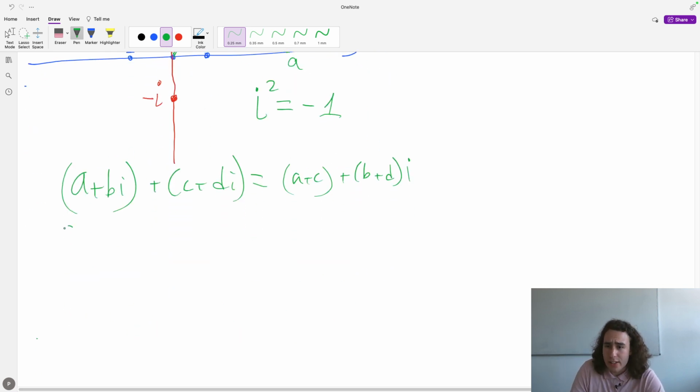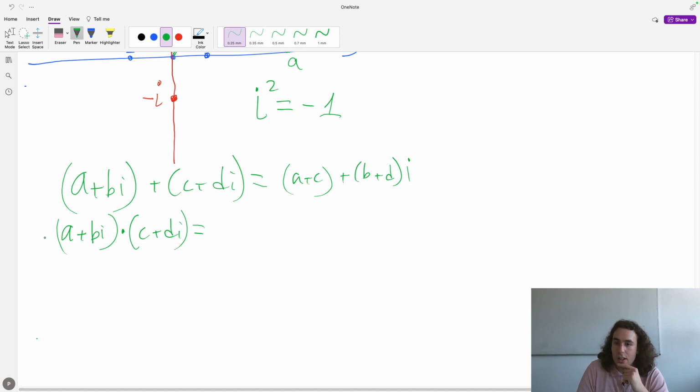If you multiply, we again just use the rules of math and we can just do this by hand. This is not really intuitive. I'm going to tell you how to think about it intuitively, but you can do that, right? So we just multiply everything with everything. a times c is ac.